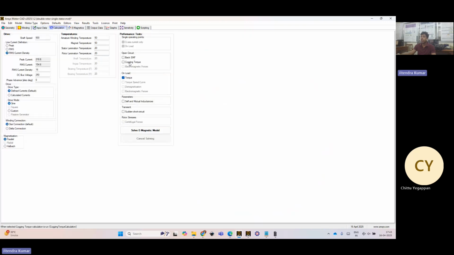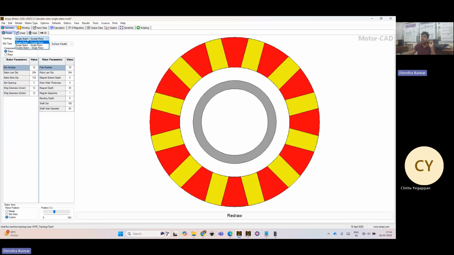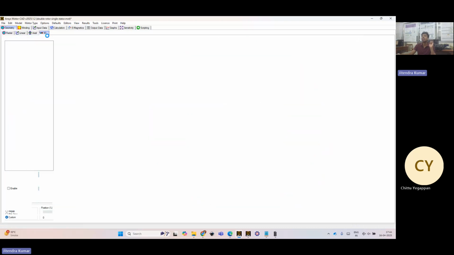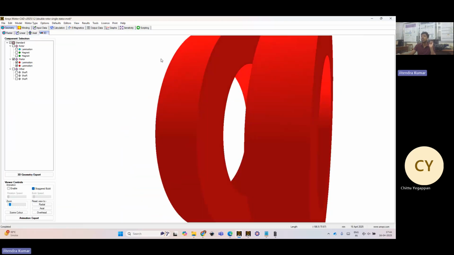We can see the back EMF and torque waveform. First, let us see the back EMF waveform. Oh, sorry. I wanted to point out the difference between topologies. This was single stator dual rotor. How will the dual stator single rotor look? Something like this.